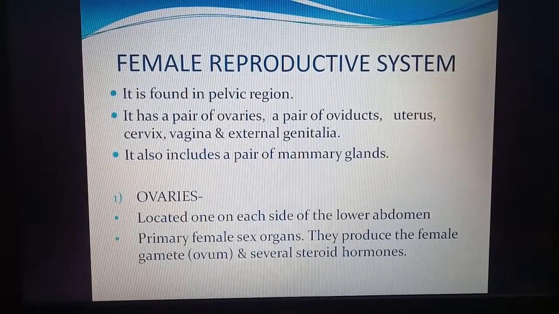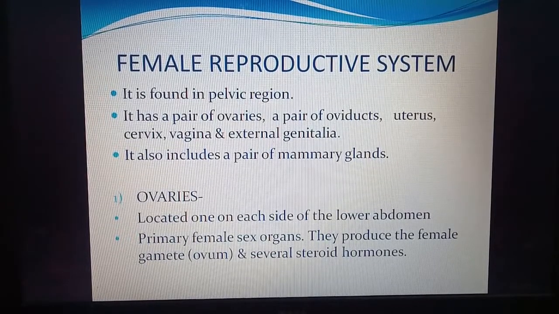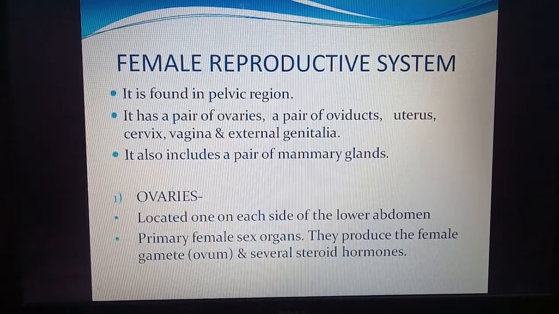The female reproductive system is found in the lower part of the abdomen, which is called the pelvic region. It has a pair of ovaries, which are the glands, a pair of oviducts, uterus, cervix and vagina. Now the oviducts, uterus, cervix and vagina are the accessory ducts.